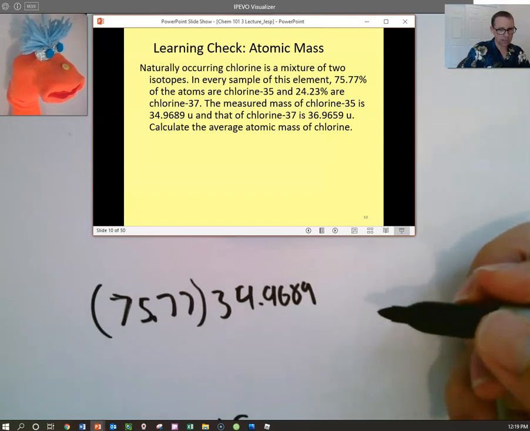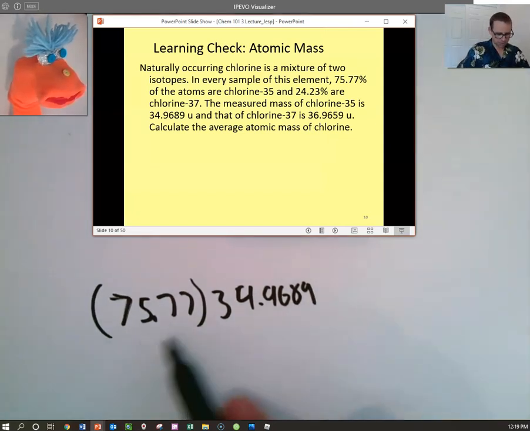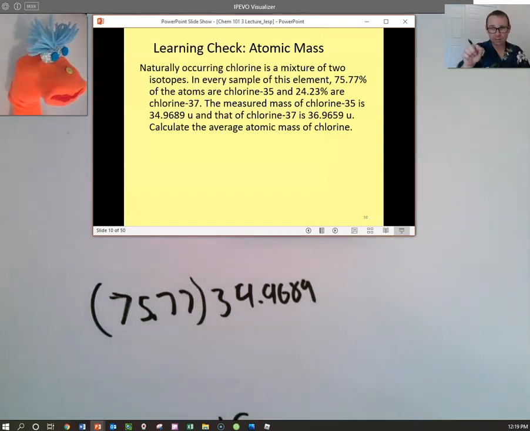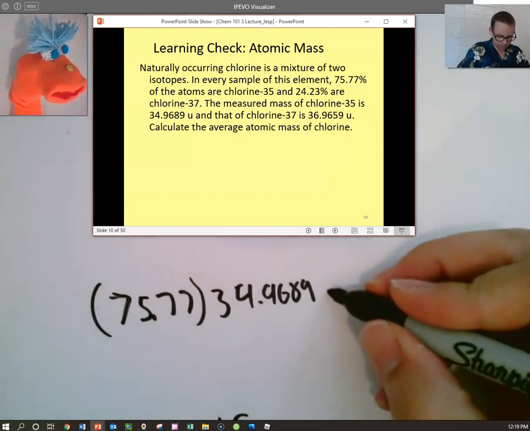If you pulled 100 atoms out of a hat, 75.77 would have that mass. You could add up 34.9689, 75.77 times if you were going to take the average, but instead we'll just multiply it.